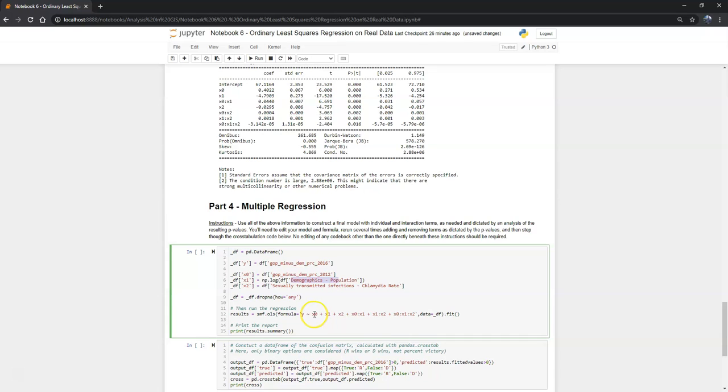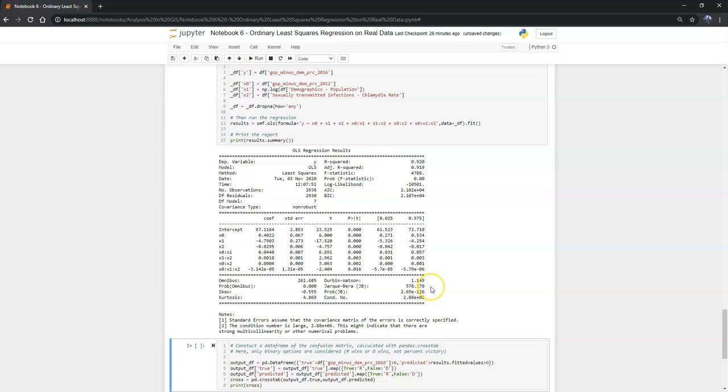So only keep these items that are statistically significant. In this case, I could add this back in and put x0 interacting with x2. So this would be a complete model, and I could run this.